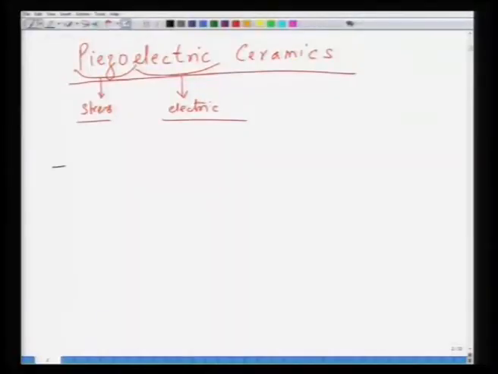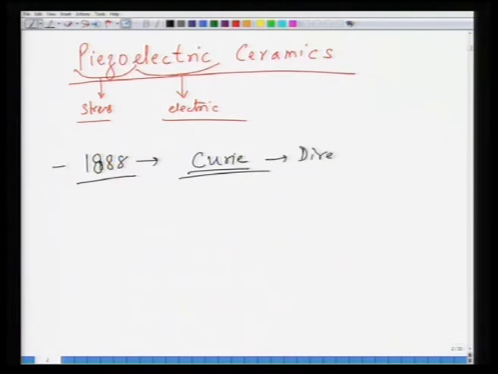Now, this effect, piezoelectricity, was discovered in 1888 by Curie, and this was later called the direct piezoelectric effect.